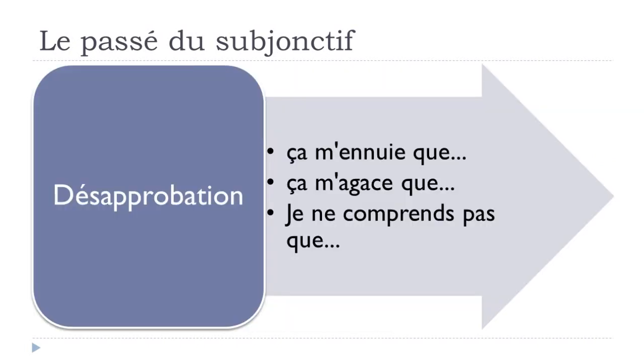Désapprobation, and so we could have this ça m'ennuie que, it annoys me that, ça m'agace que, it bothers me that, je ne comprends pas que, I don't understand that, okay, and the same thing, what's coming after, if you want to express something in the past, then it should be le passé du subjonctif.